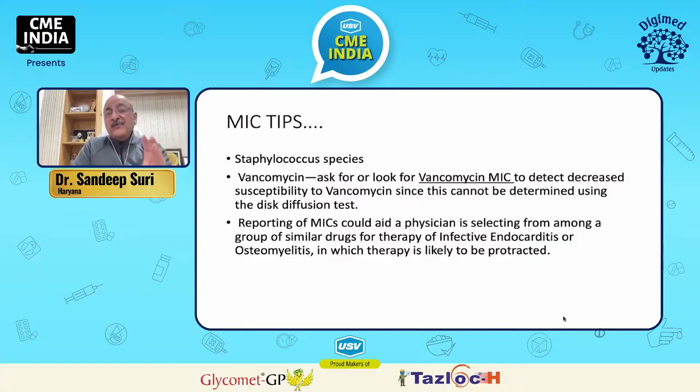If you're talking about vancomycin, we talk about vancomycin for MRSA patients, but with vancomycin there is a certain trick. For vancomycin, you have to ask for specific modalities to check the sensitivity pattern, because the disc diffusion pattern will not be effective here. There is vancomycin resistant enterococci, VRE, which are commonly coming up recently.